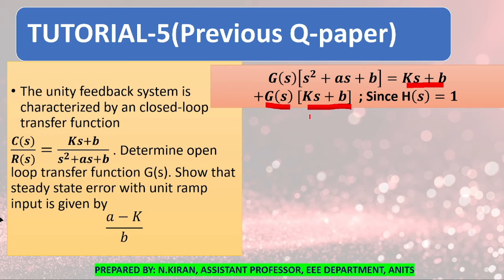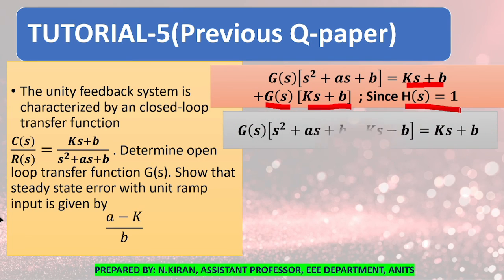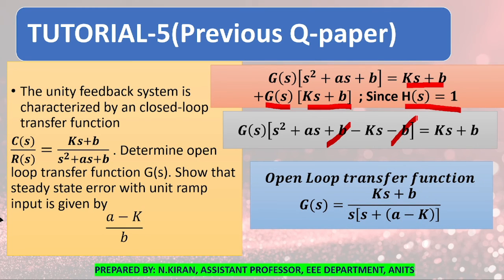Since it is a unity feedback system, the value of H(s) is 1. So if I take G(s) common, that will give me G(s) times (s square plus as plus b minus Ks minus b) is equal to Ks plus b. So these two terms will get cancelled. That will give me the open loop transfer function G(s) as (Ks plus b) divided by (s square plus as minus Ks). If I take s common, then in the denominator I'll get s into (s plus a minus K).